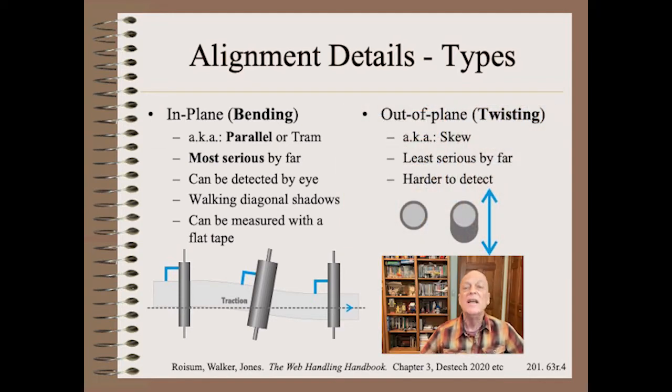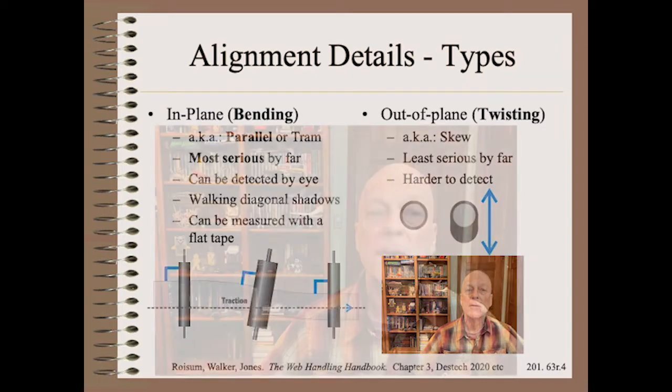The first key to understanding rollers and guiding and spreading is to know this very important distinction. It is a distinction well known by web handlers, but may not be known by some machine builders, some component suppliers, some machine and component buyers, and some maintenance people.